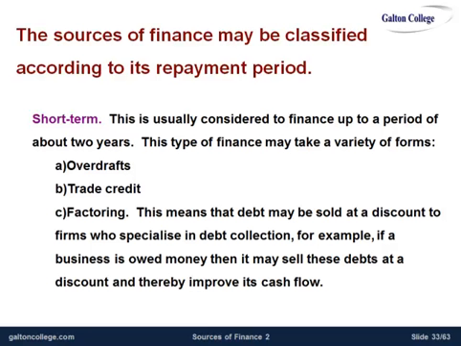Or there's something called factoring. This means you have debts, or you have money perhaps due to you. Let's consider it this way. You have money due to you from the sale of goods. It hasn't arrived. You can sell the money that's due to you. You can sell the obligation that people have to pay you to a factoring business, they will buy it at a discount and they will collect the money on your behalf.